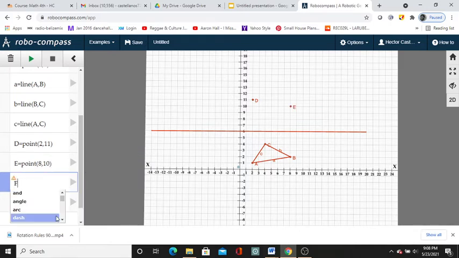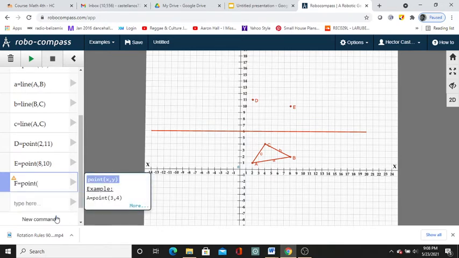And F is going to be 2 units away from the line to represent that of C. Let me write that down, and that is going to be 4 and 8. So I have just reflected the points.